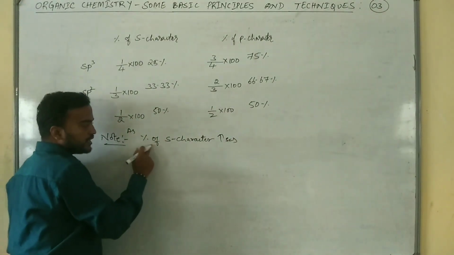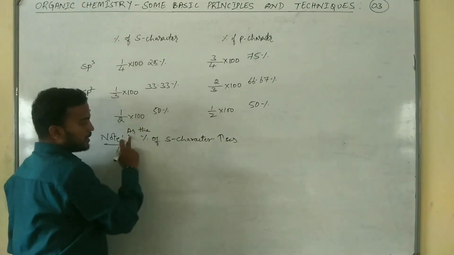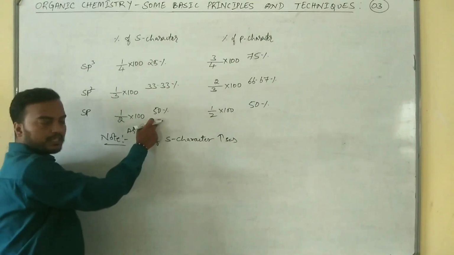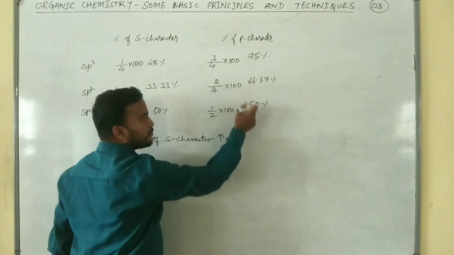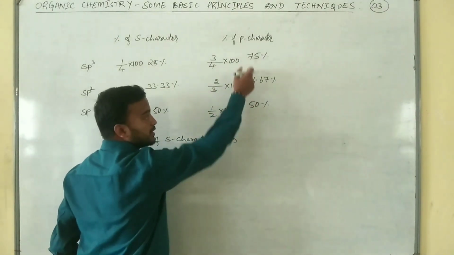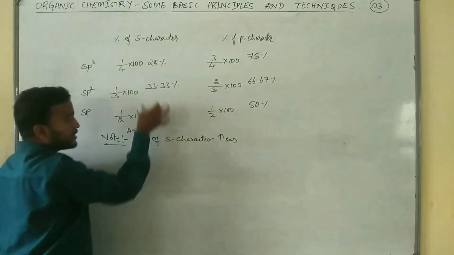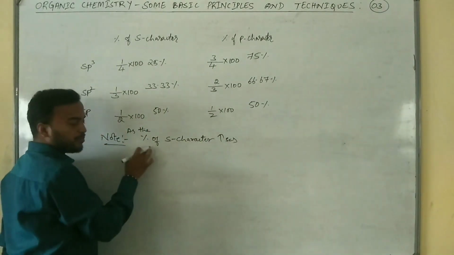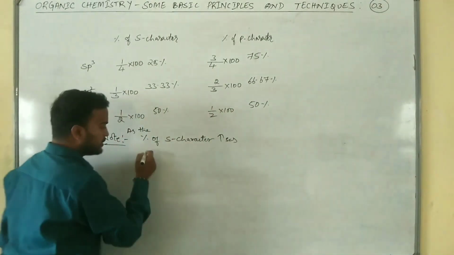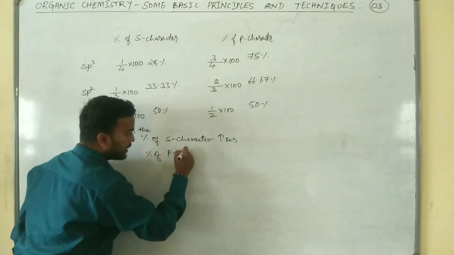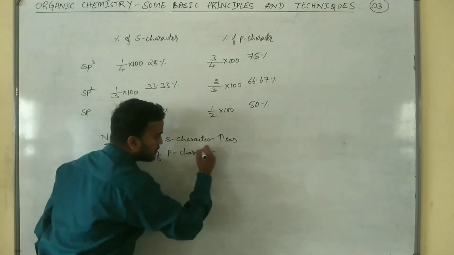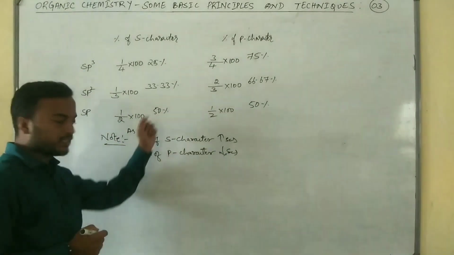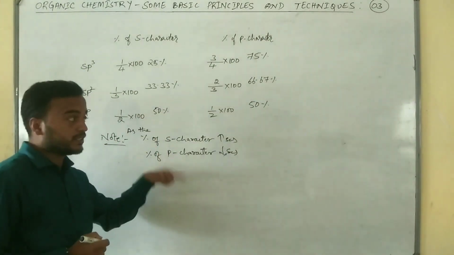As the percentage of S character increases, percentage of P character decreases. See here, percentage of S character is increasing, and percentage of P character decreases. Is it clear? As the percentage of S character increases, percentage of P character decreases.